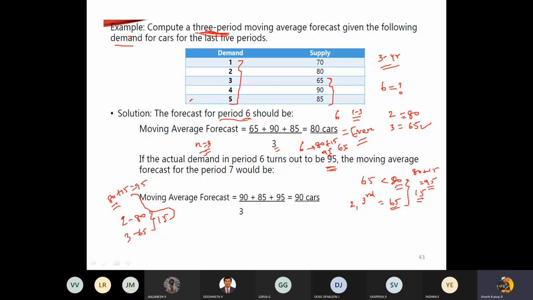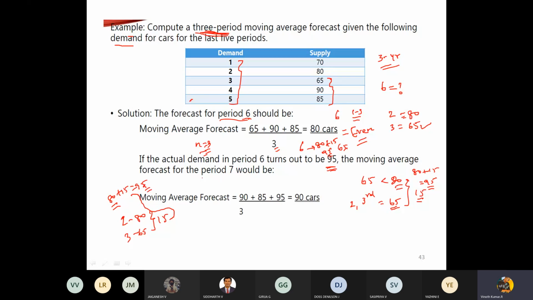Now check whether this 95 is beside this value or not. Yes, it is beside the second and third value, so you may leave it. No need to change anything over here. And one more thing, this 95 is an odd number, so if it is an odd number, no need to worry about this.